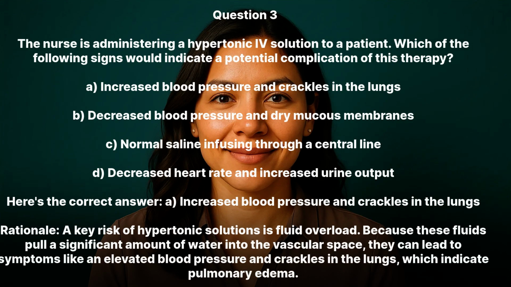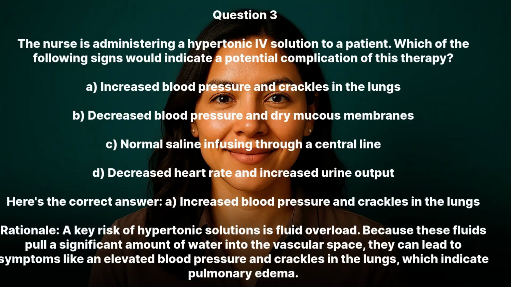Question 3. The nurse is administering a hypertonic IV solution to a patient. Which of the following signs would indicate a potential complication of this therapy? A. Increased blood pressure and crackles in the lungs. B. Decreased blood pressure and dry mucous membranes. C. Normal saline infusing through a central line.